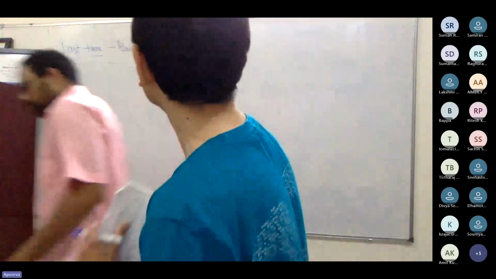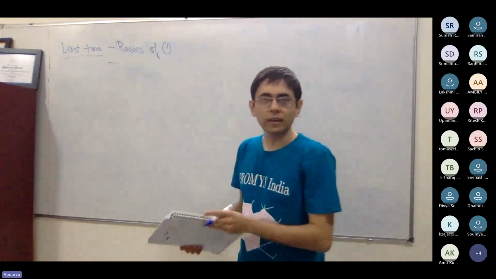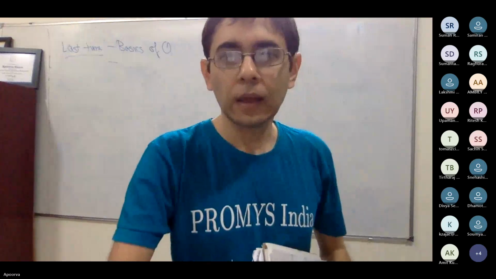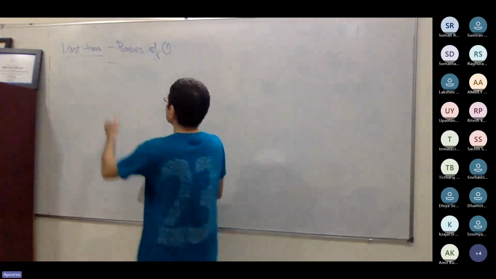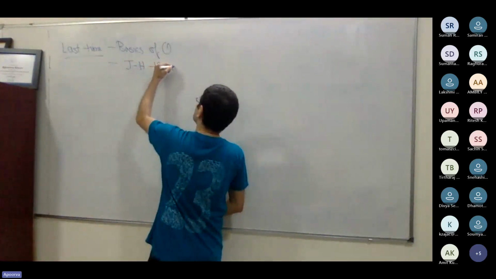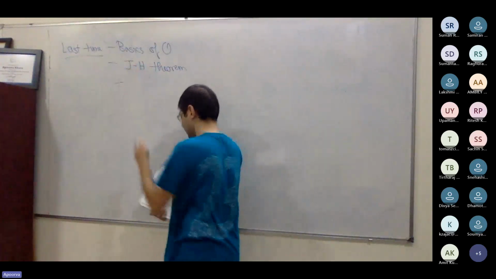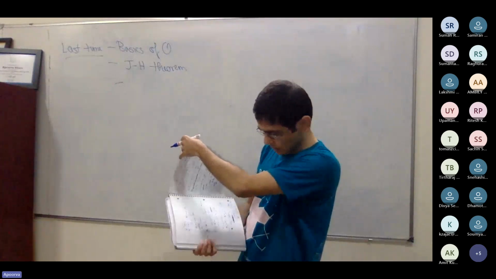So last time we were seeing some more basics of category O, and we ended with the Jordan-Holder theorem. We saw it in general, and then we applied all these things, including also the central characters, and so on.